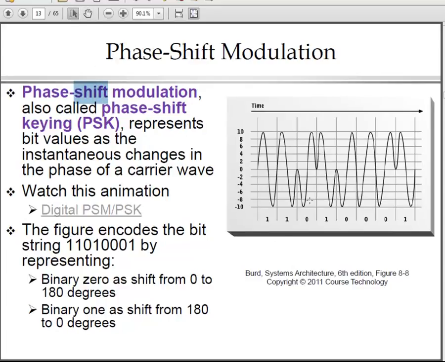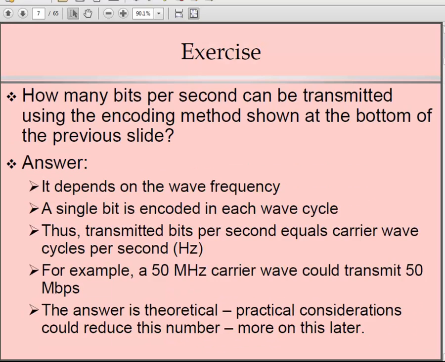So, what do I do? Well, I take that pure sine wave and I just let it go in its usual direction, and I use its usual pattern as a 1. But if I want to follow up a 1 with a 0, what I do is I instantaneously jump from 0 to 180. What do I mean by that?